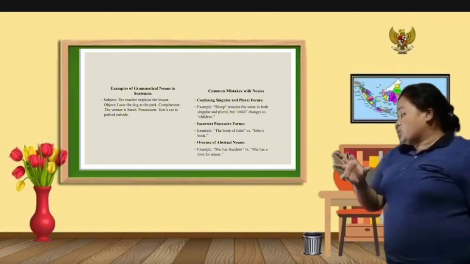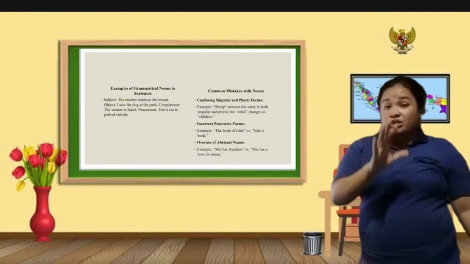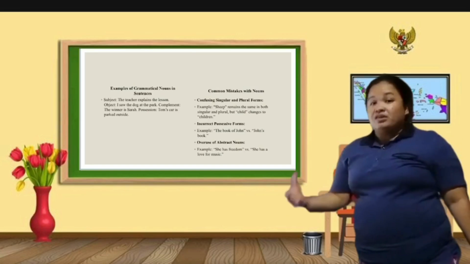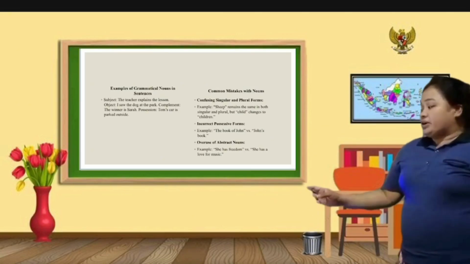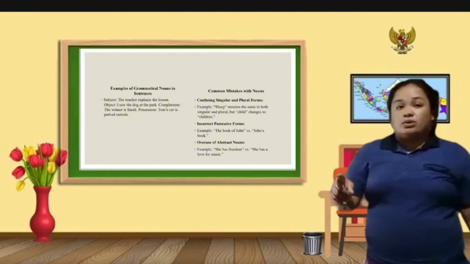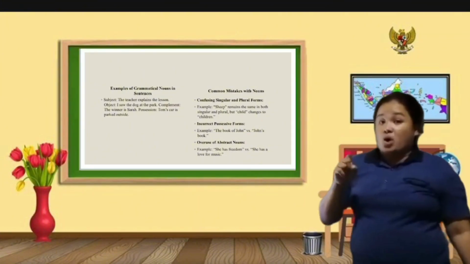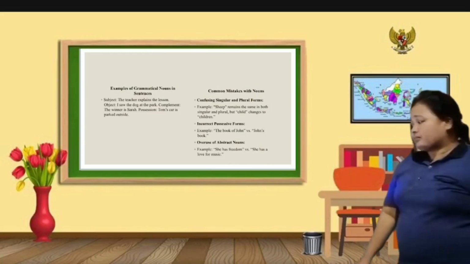So we're going to use sheep the same when you use it in plural. And the word child into children. Doctor, doctors. And also incorrect possessive forms. Example, the book of John versus John's book. So using the apostrophe wrongly. So those are the common mistakes for our nouns.